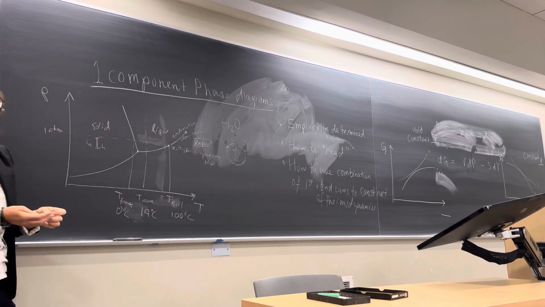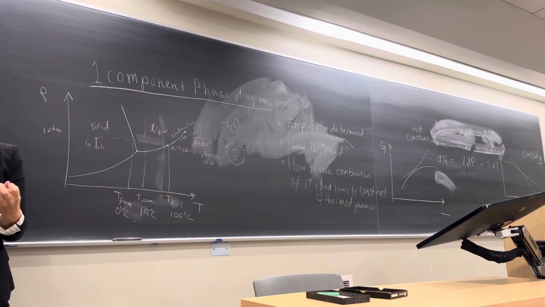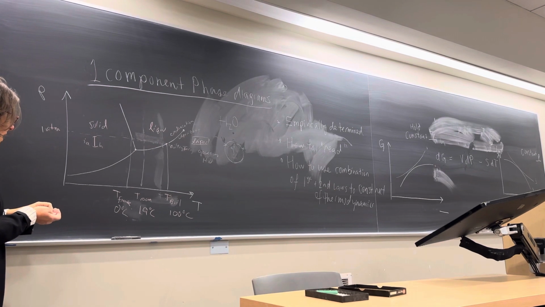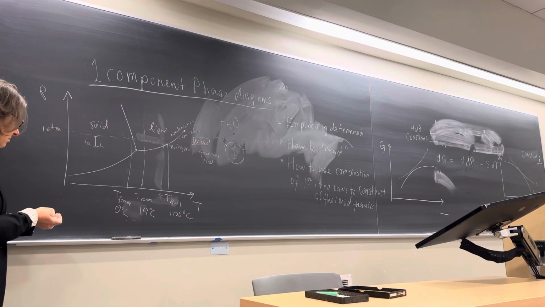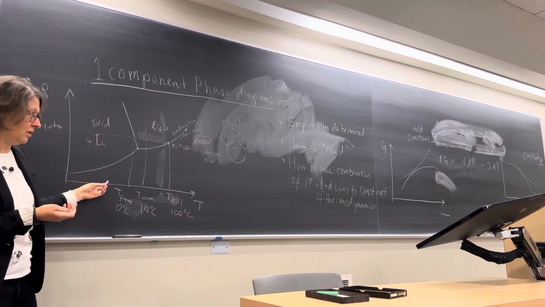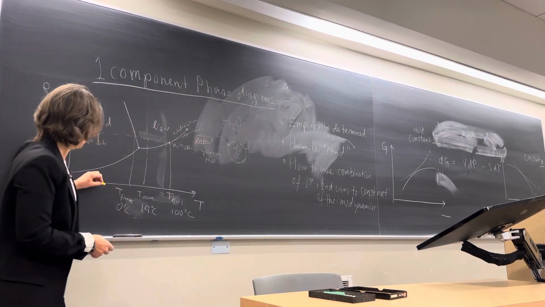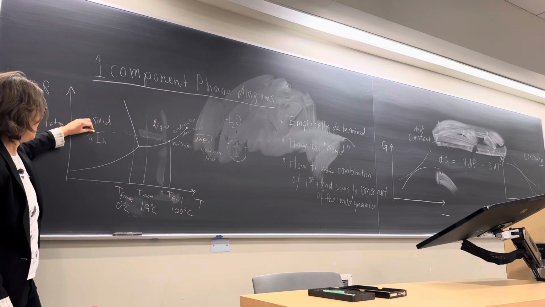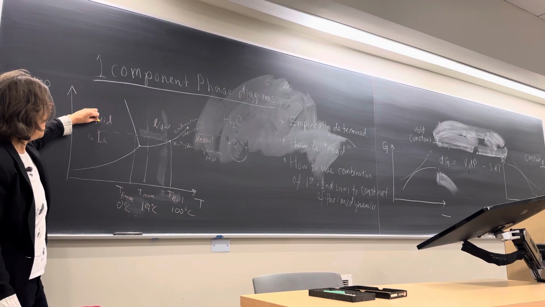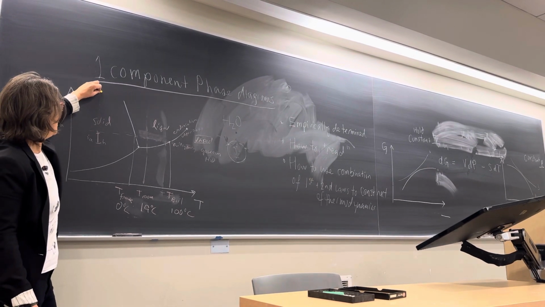In fact, if we took frozen ice and we just hold it at freezer temperatures and now start raising the pressure, when we're starting at room pressure, we go up, up, up, up, up.